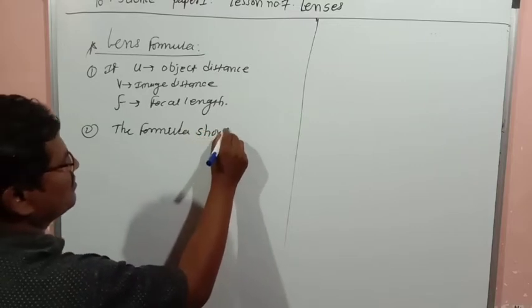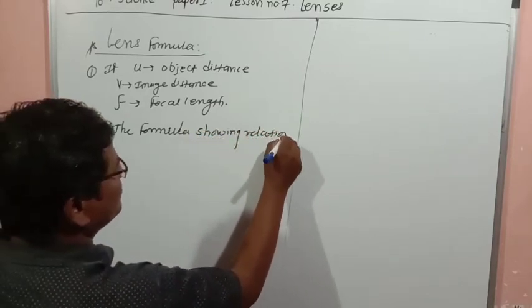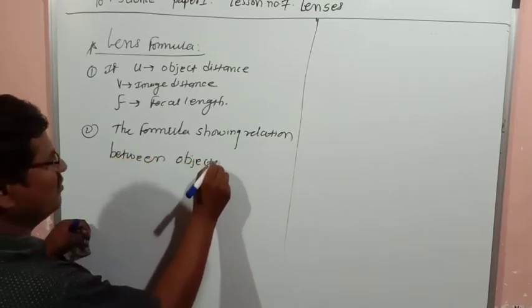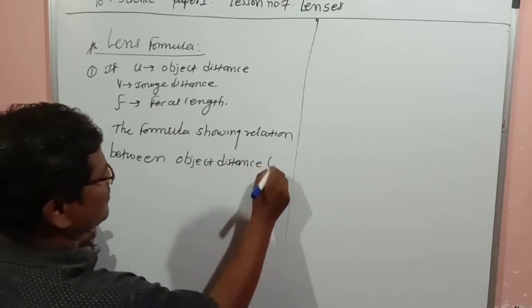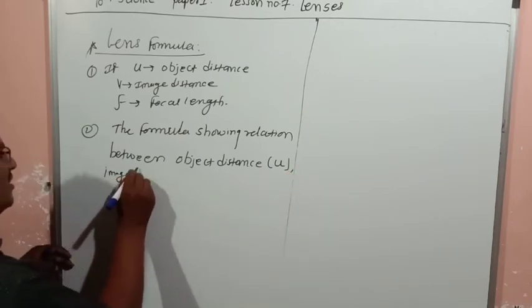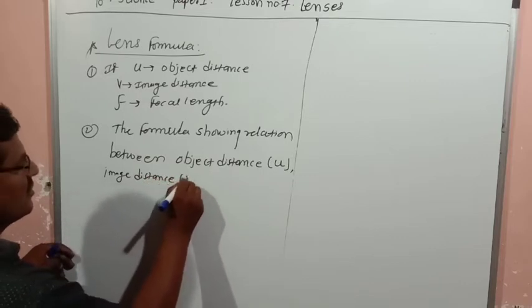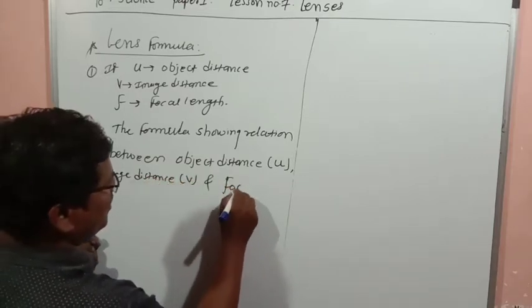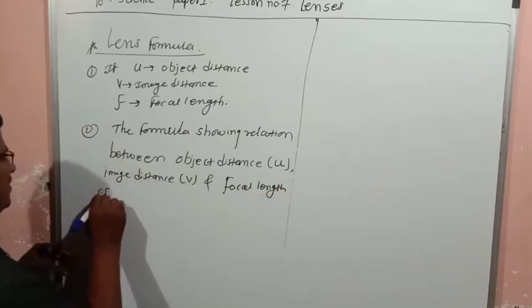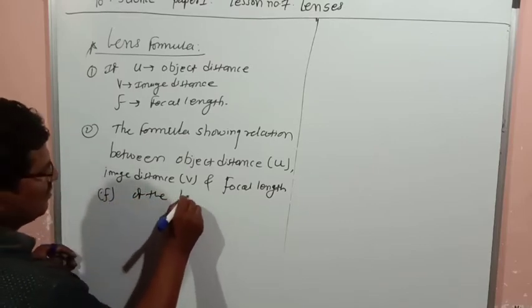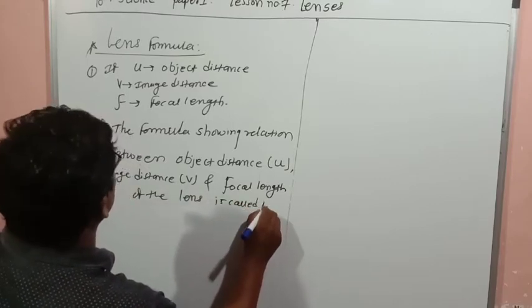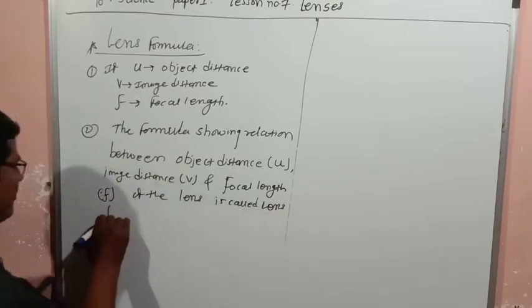The formula showing the relation between object distance u, image distance v, and focal length f of the lens is called the lens formula.